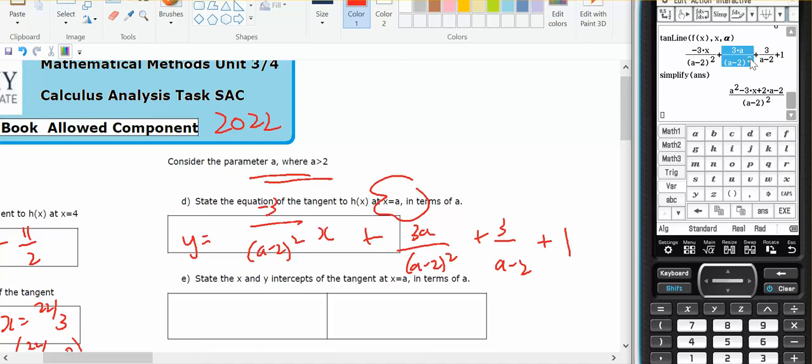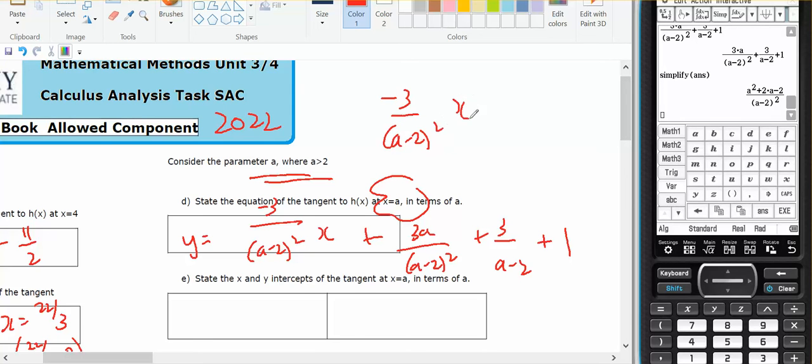Or I could just take my y-intercept separately and simplify that answer, and I could write that instead. I could write minus 3 on top of (a minus 2) squared x plus (a squared plus 2a minus 2) on top of (a minus 2) squared as being the equation. Any of them will be accepted.